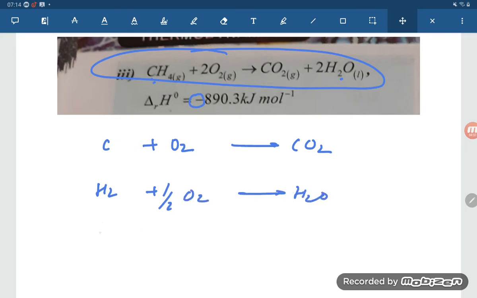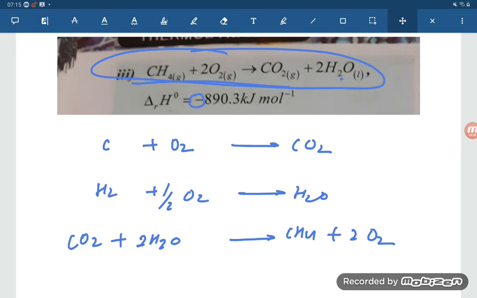And lastly, after reversing this equation, we are writing CO2 plus 2H2O giving CH4 plus 2O2. Now students, what we have to do is take out the common thing.